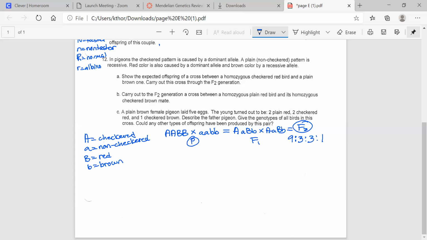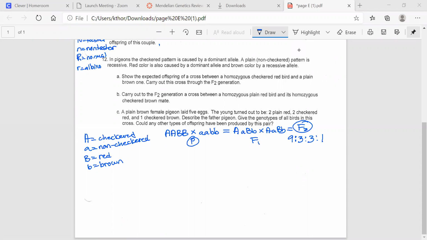Carry out the F2 generation cross between a homozygous plain red bird and his homozygous checkered brown mate. All right, carry out the F2 generation.